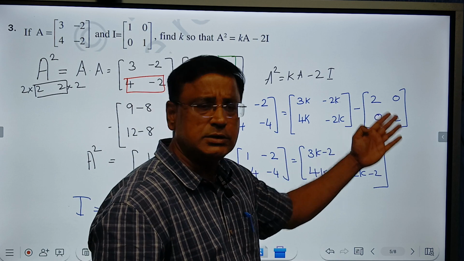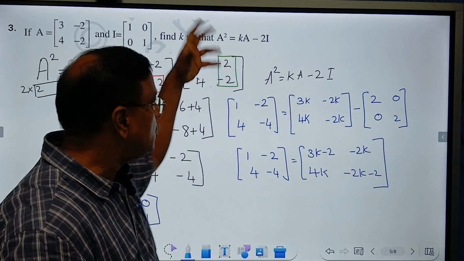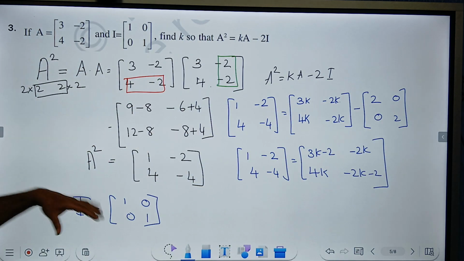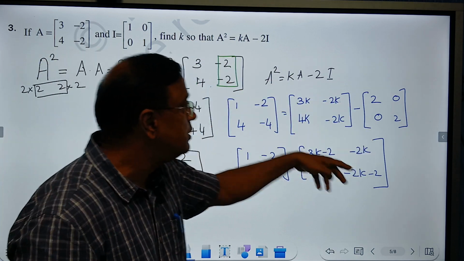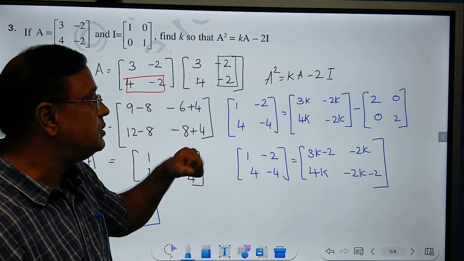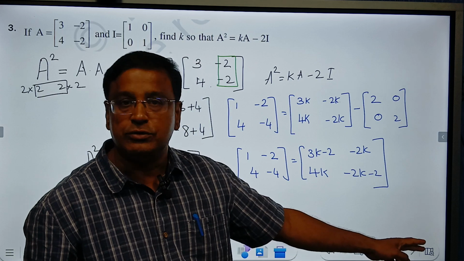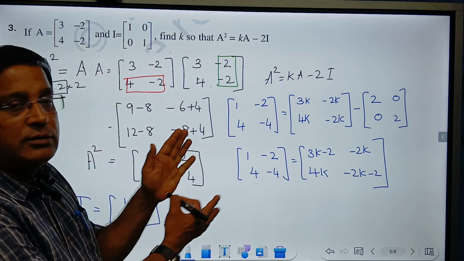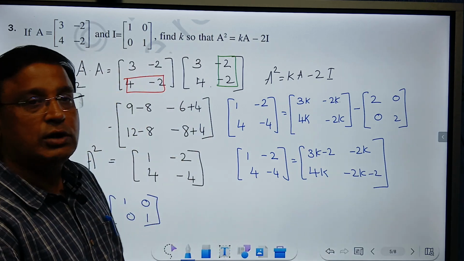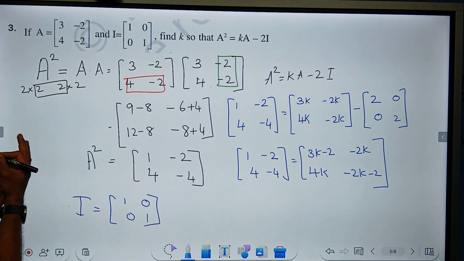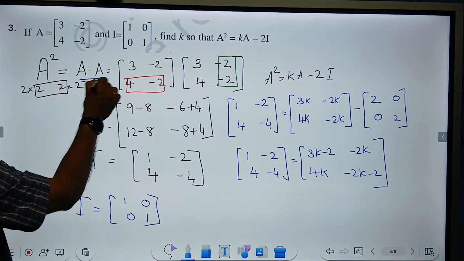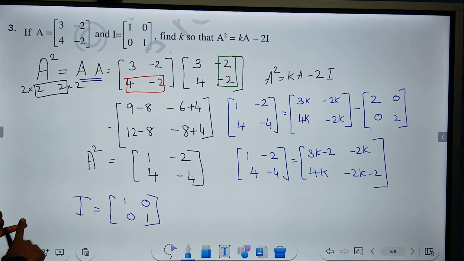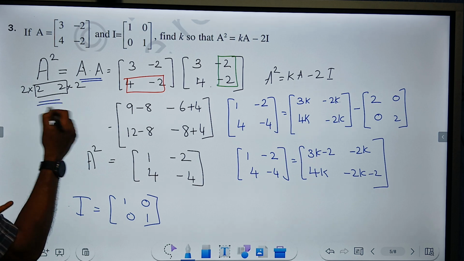I just did subtraction. So many concepts. Multiplication is used, subtraction is used, scalar multiplication is used, equality of matrix is going to be used. Literally, this is like a revision of all concepts. What all concepts are used here? You can see matrix multiplication I used, and I also learnt order.